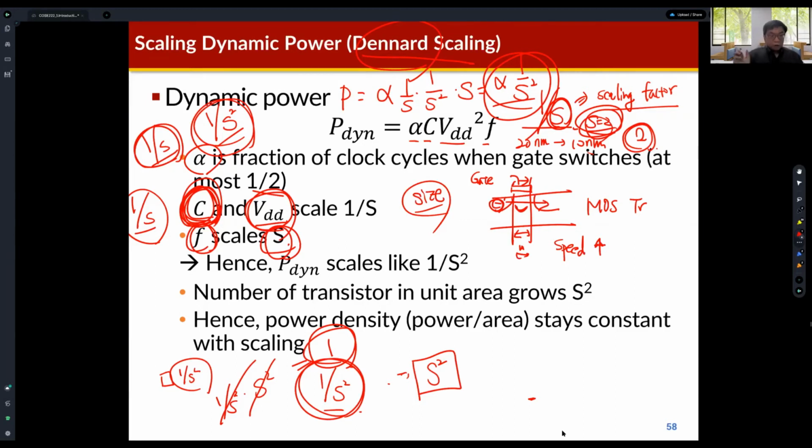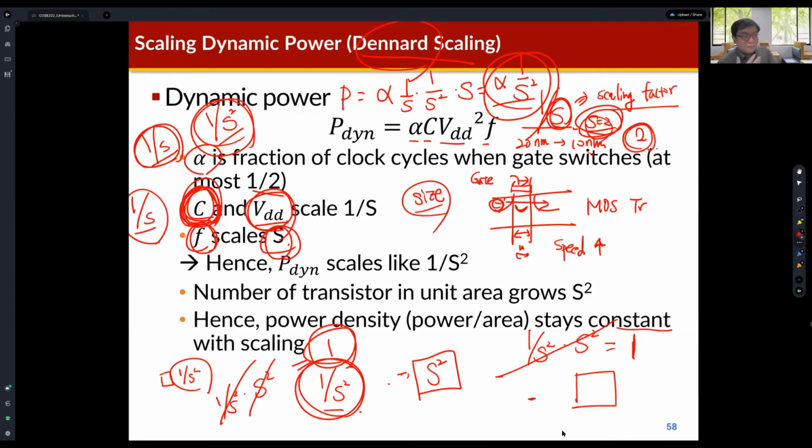And we can include more transistors in the same area. Then the power consumption of a unit area becomes constant, because this is 1. That is Dennard scaling.